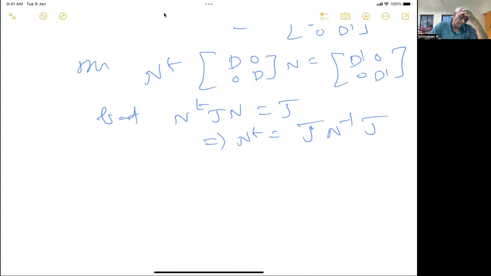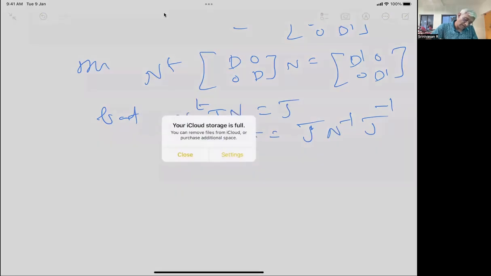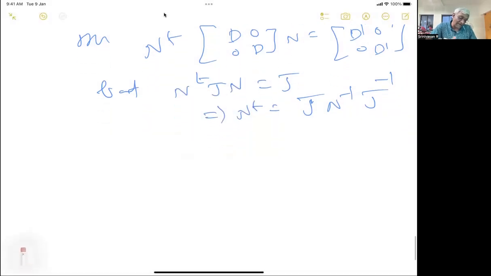J squared is minus I. But you are taking J inverse, which is just minus J. Let's put J inverse, not J star, so as not to confuse with J. Because what I want to get is similarity. So that will imply that.